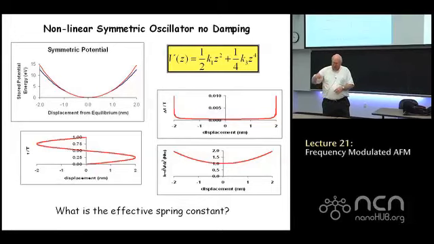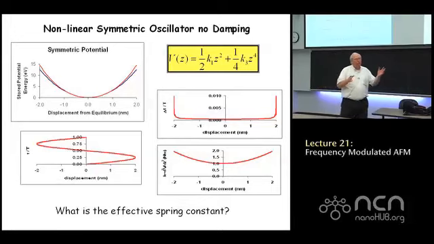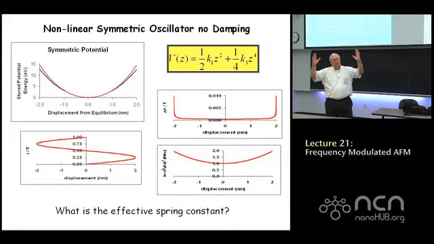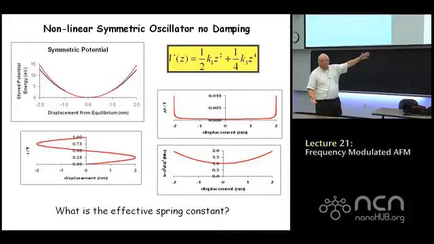But if the particle happens to spend most of its time at the endpoints of the oscillation, then maybe we ought to weight the spring constant to reflect that fact, because that's where the particle spends all of its time. So you can make an argument, I'm not going to make it quantitatively, that the effective spring constant of this system should be the spring constant at the ends of the motion, because that's where the particle spends most of its time.